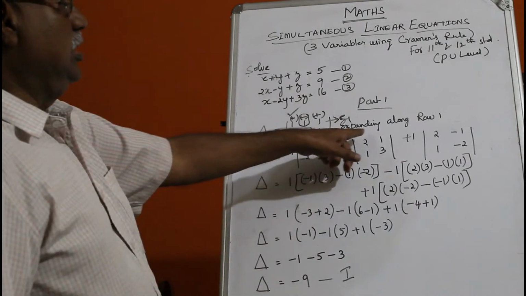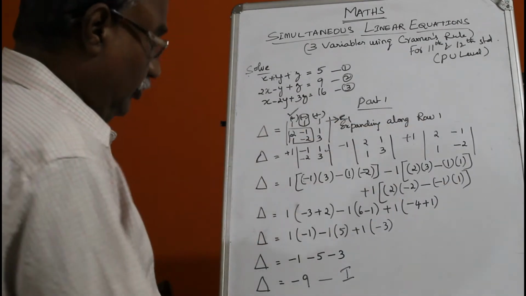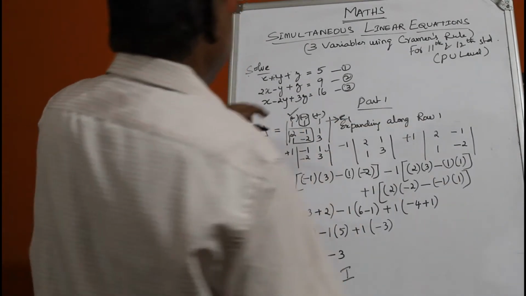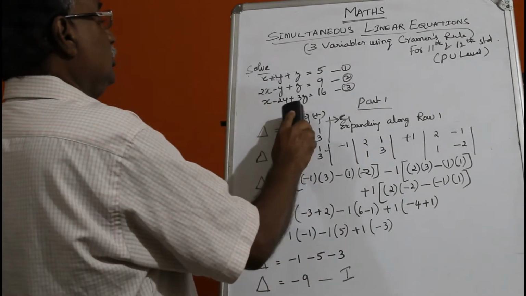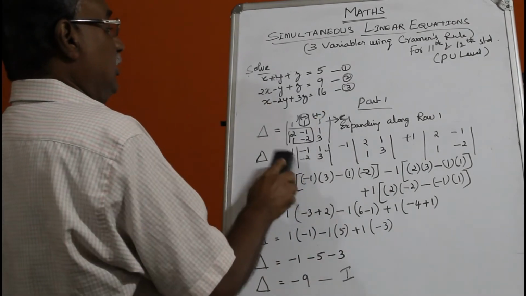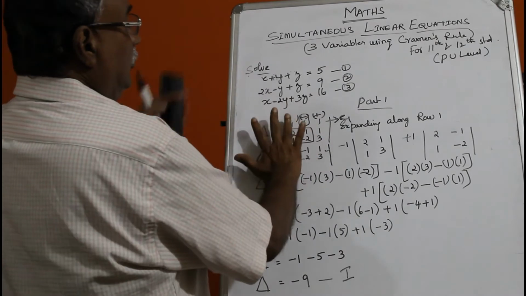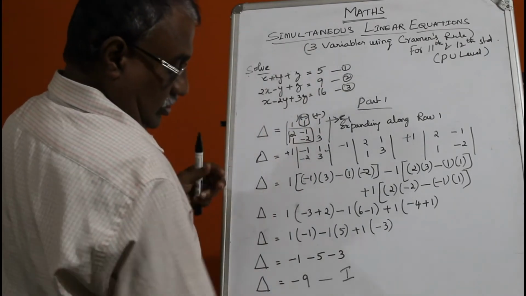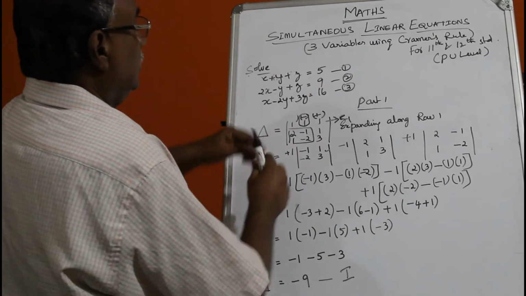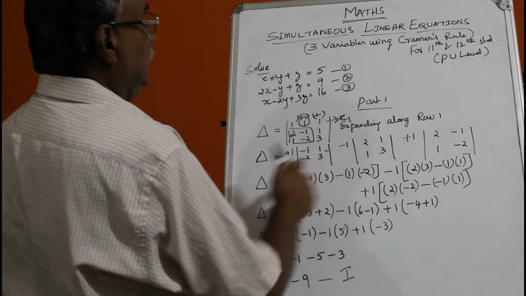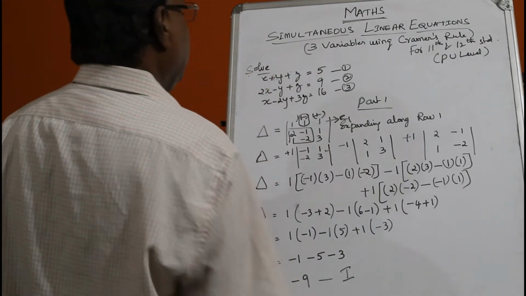So this is called expanding along row 1. So when you expand along row 1, first this is plus, minus and plus. So you take the plus, you write the plus 1. So leave this row and column. These two you can leave it. This row 1 and column 1, you get this one. Next one is called minus 1.